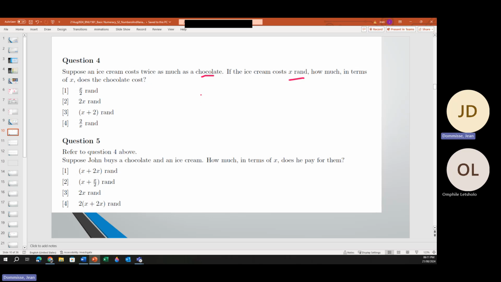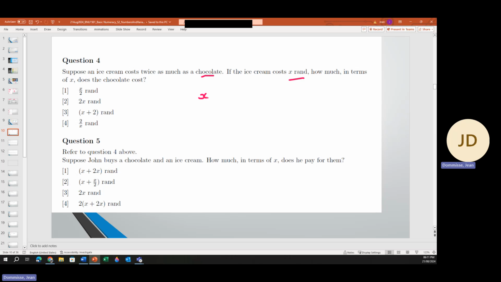Okay, so if an ice cream costs X, suppose an ice cream costs twice as much as a chocolate. So if the ice cream is X, a chocolate will cost basically X over 2.